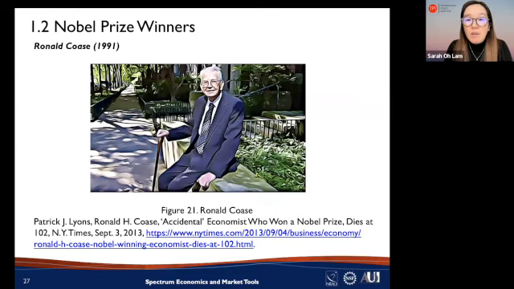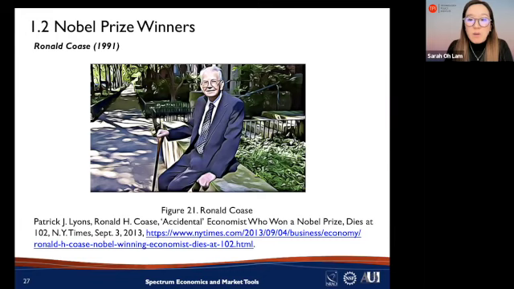He won a Nobel Prize in 1991, and his work was on transaction costs and how other costs can slow down market transactions. Transaction costs are like frictions that make it hard for people to transfer property.